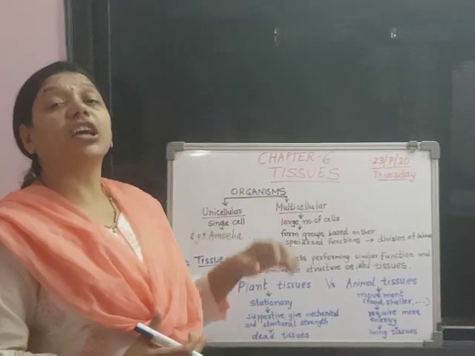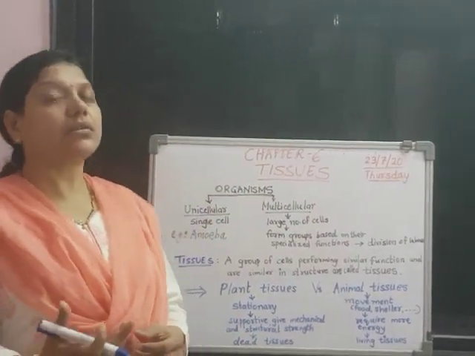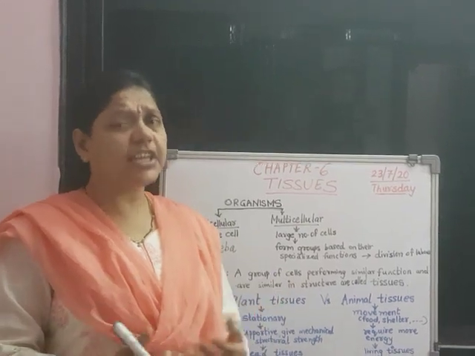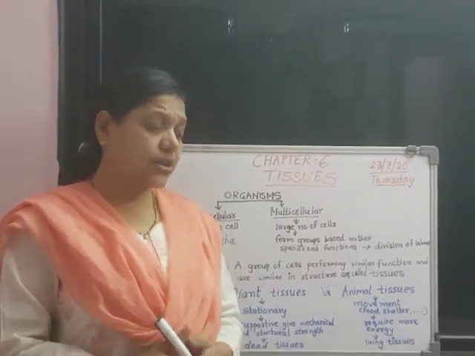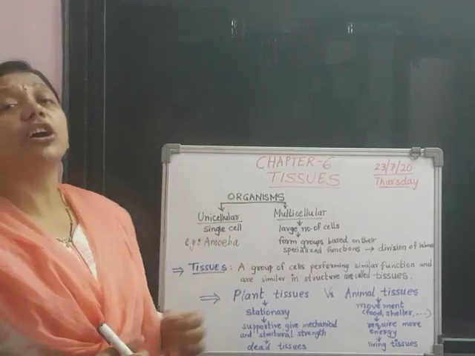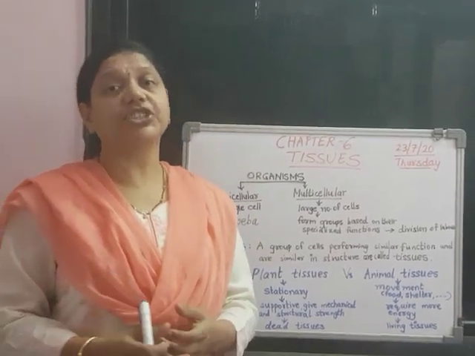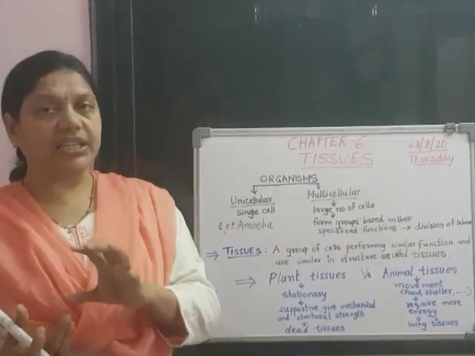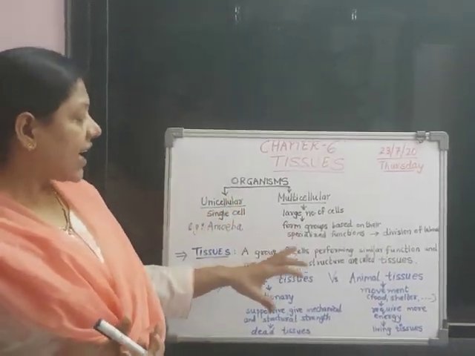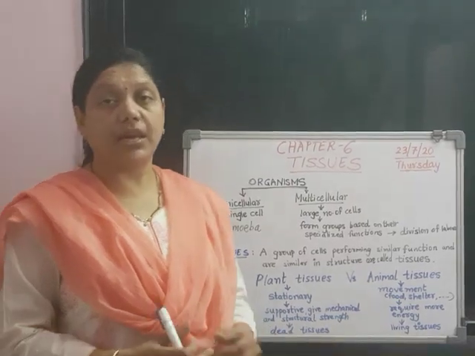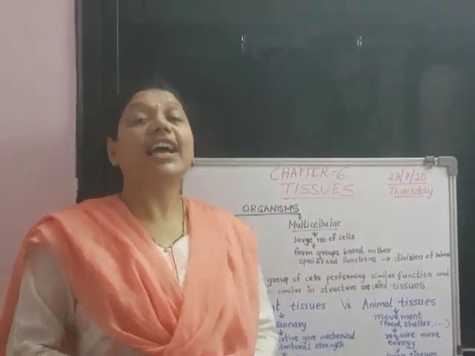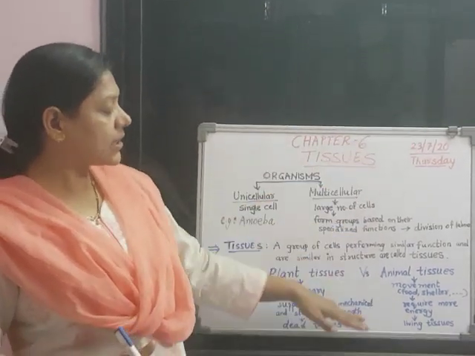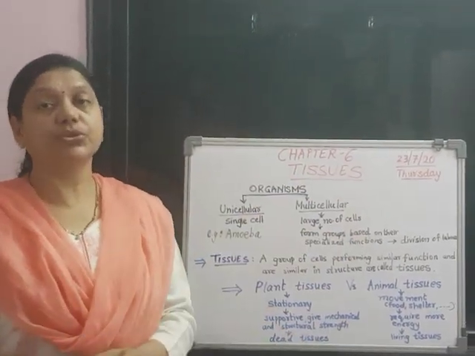Now we will be talking about the other points of plant tissues and animal tissues in detail in the next session. In the next session we will be talking about the different types of plant tissues and different types of animal tissues, but we'll go slowly. I don't want to be in a hurry and I want you to understand the topics well. So I would like you to go through the lesson first. Now I have given you a basic introduction about the tissues.